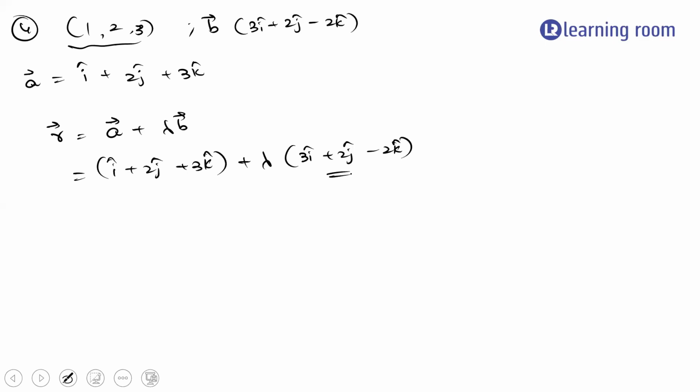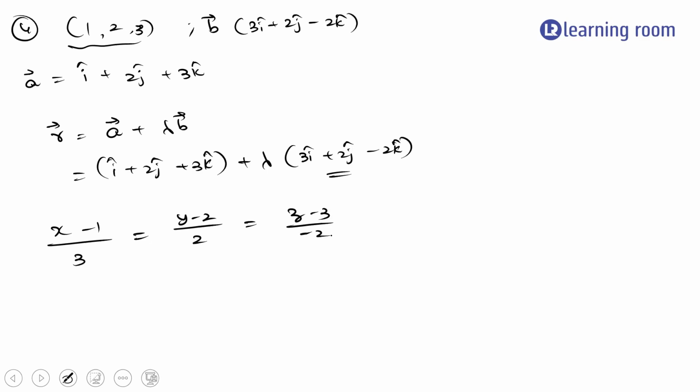Okay, so when they say equation, it is always a safe bet to write the vector form and the Cartesian form as well. If I have to write the same equation in Cartesian form, it will be (x - 1)/3 = (y - 2)/2 = (z - 3)/(-2).